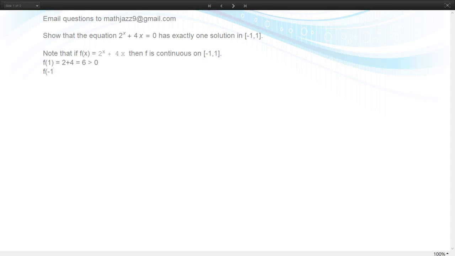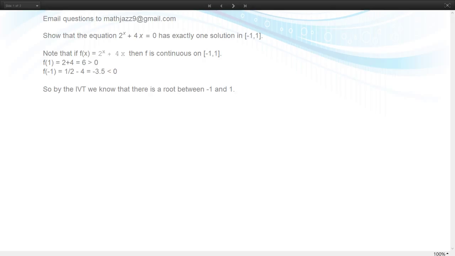And f of negative 1 is equal to 1/2 minus 4, which is equal to negative 3.5, which is less than 0. So by the intermediate value theorem, we know that there is a root between negative 1 and 1.